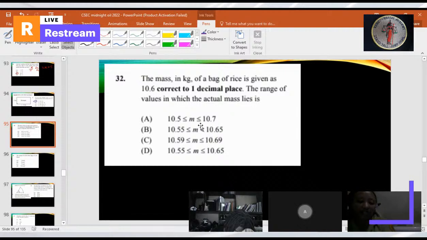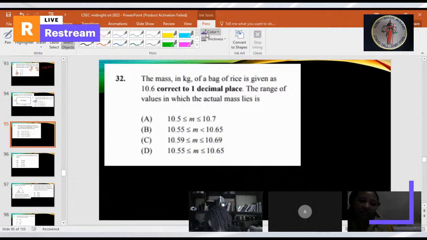So is it B or C? Because these two are pretty close. They're saying the same thing except for here, this is less than, and this is less than or equal to. So to round it to 10.6, would it have had to be less than 10.65 or less than or equal to 10.65?